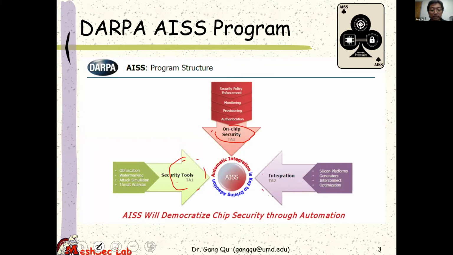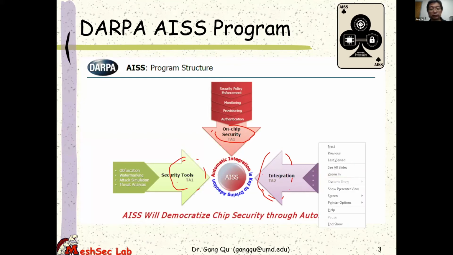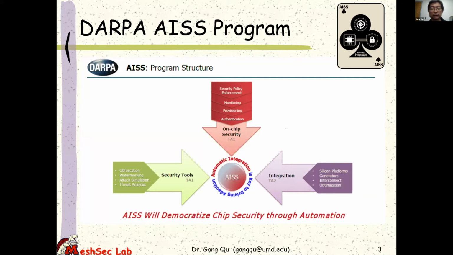TA2 is focused on the integration. The basic idea is they focus on these 2 words, AI, which is not artificial intelligence. It is what we call automated implementation.